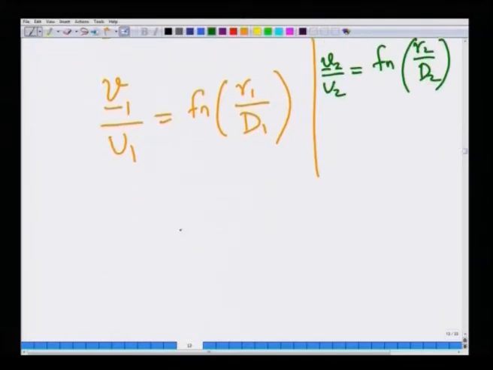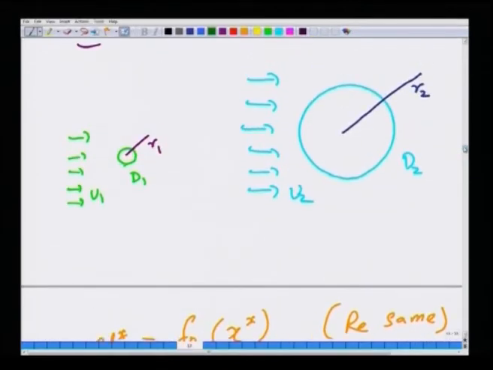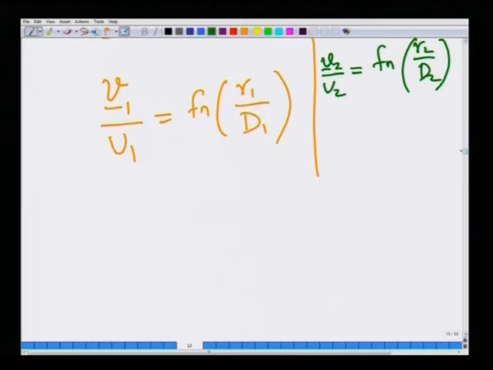So, what this means is that if you look at these two plots, as long as you are looking at the same non-dimensional distance, so let us say r 1 by d 1 is the same as r 2 by d 2, then the non-dimensional velocities will be the same at both non-dimensional positions.